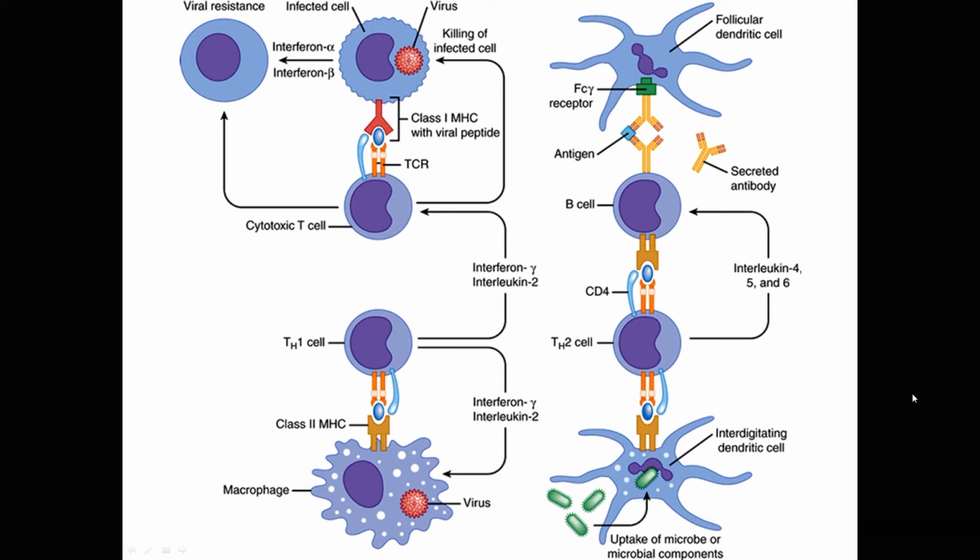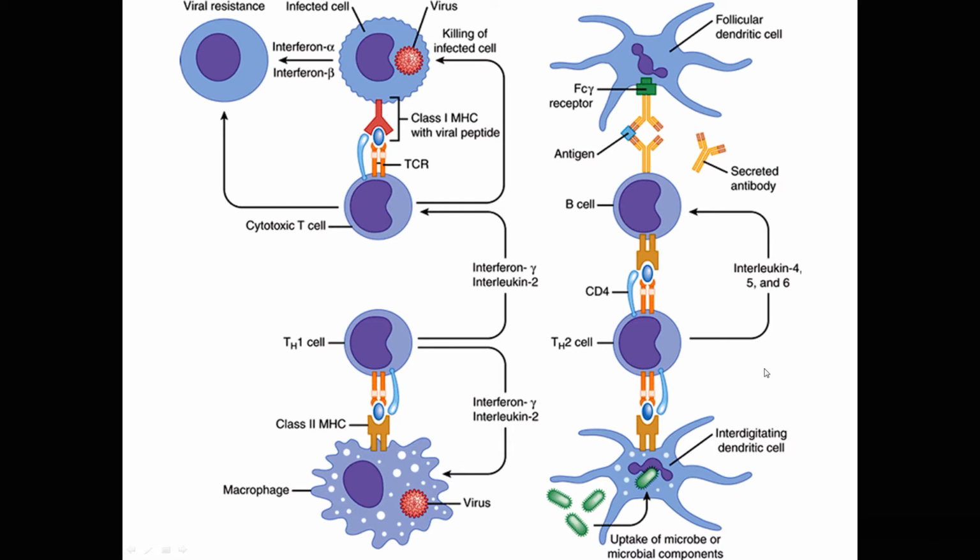The humoral immune response includes activation of B lymphocytes by the cytokines released by the T helper cells type 2, activated by the interdigitating dendritic cell shown here.